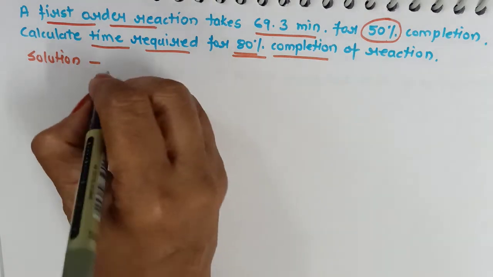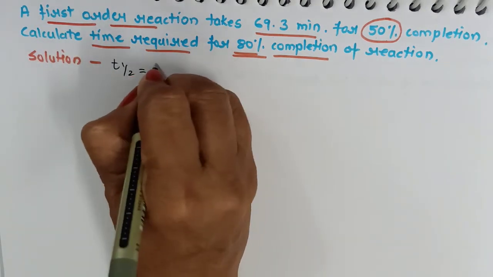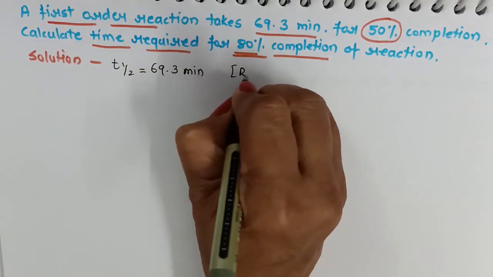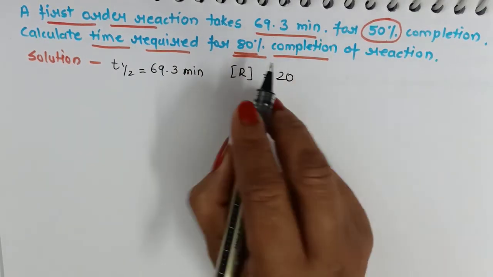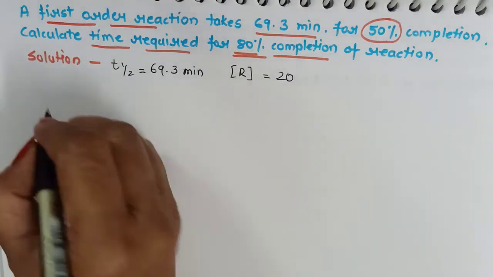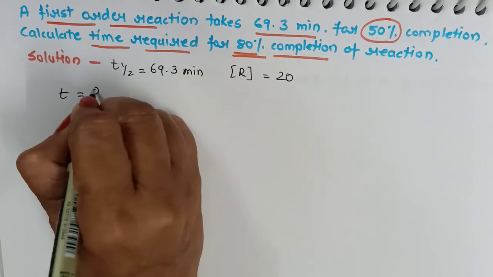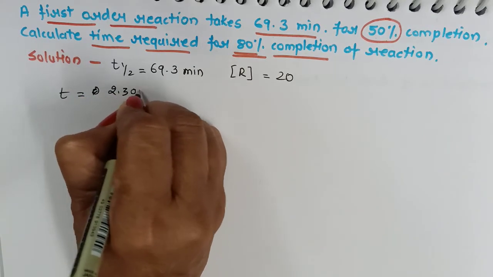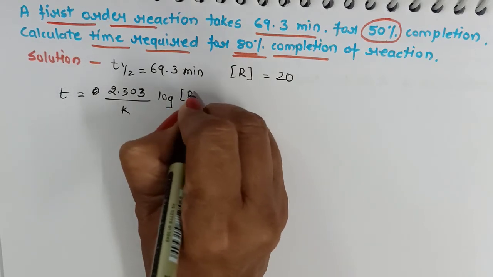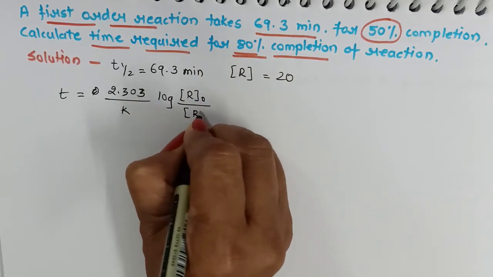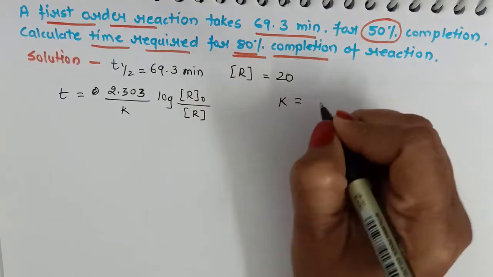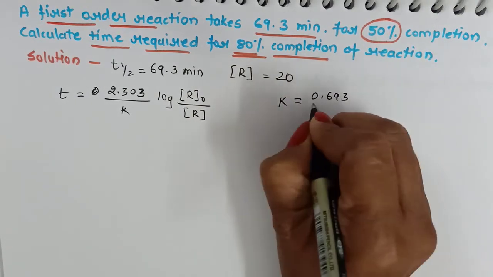T half is given to us as 69.3 minutes, and the left out concentration will be 20 because 80% has been already completed. How can we solve it? T equals 2.303 upon K log R0 upon R. Again, the value of the rate constant is not available, so let us first calculate that by using the formula.